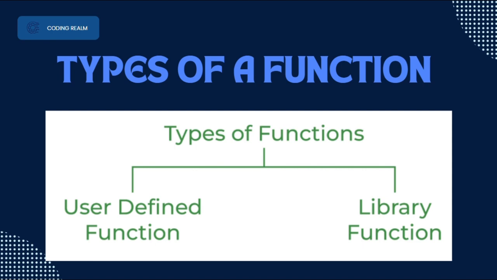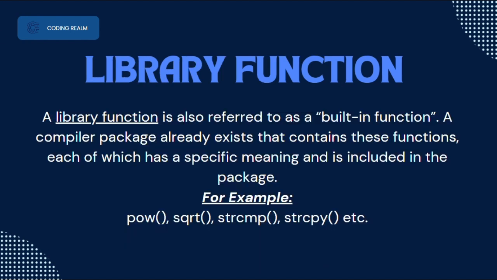Now let's talk about the types of functions. In the C programming language, we have 2 types of functions: the user-defined function and the library function. The library function is also referred to as a built-in function. A compiler package already exists that contains these functions, each of which has a specific meaning and is included in the package.